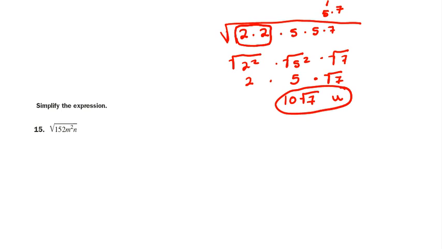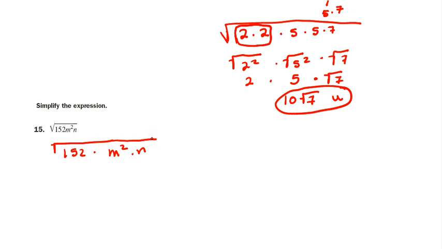Now, let's make it a little bit complicated by adding more variables. All right? For this particular square root, I have 152 times m squared times n.